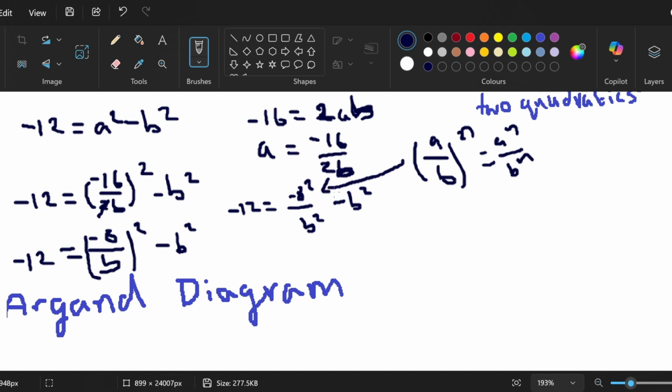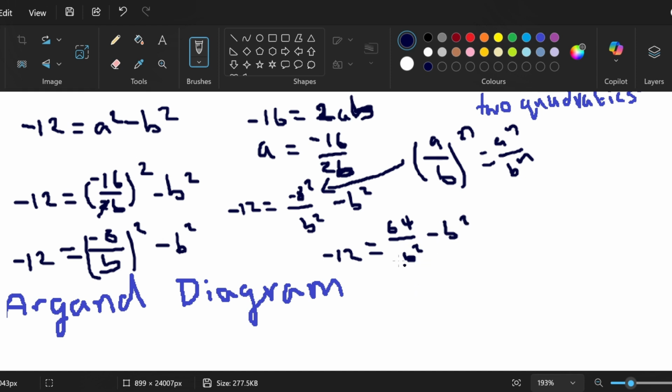And we just use that here to get this. Now, what else can I do to simplify this equation? Well, negative 8 squared is going to be 64 over b squared minus b squared.